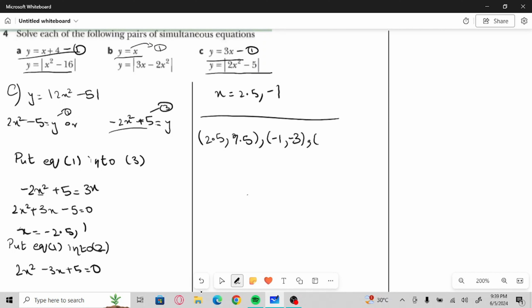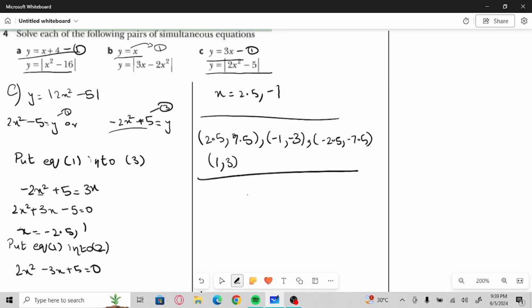The third value is minus 2.5, so minus 2.5 multiplied by 3 is minus 7.5. And at last, the fourth value is positive 1, which gives us positive 3.